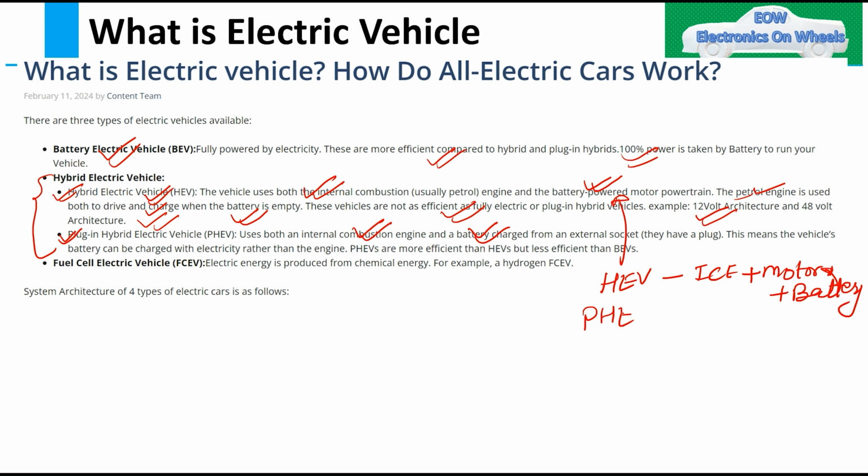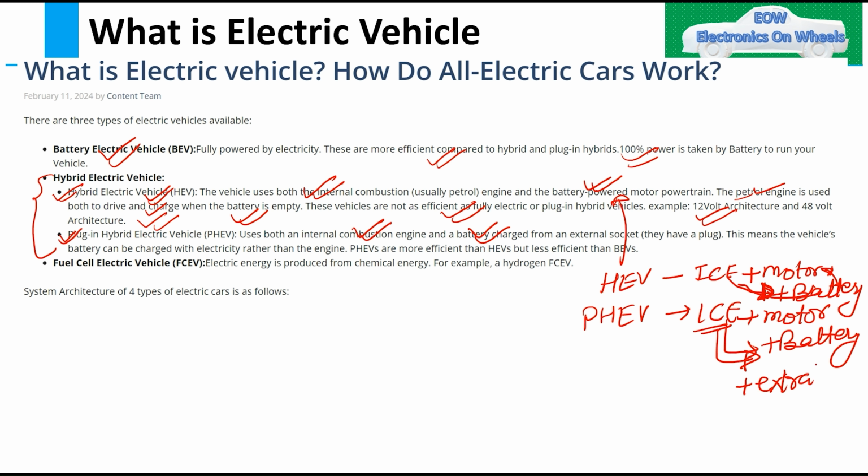When you have the PHEV, you will be having the same thing: ICE, which is nothing but the internal combustion engine, motor plus battery. But in HEV, this battery is charged from the ICE, your engine. In PHEV, your battery will be charged through the ICE, plus externally you can charge this battery to run your motor. So this is the advantage in PHEV.